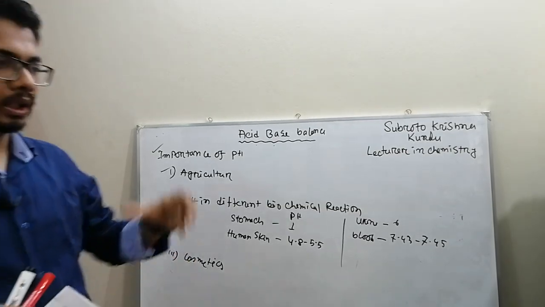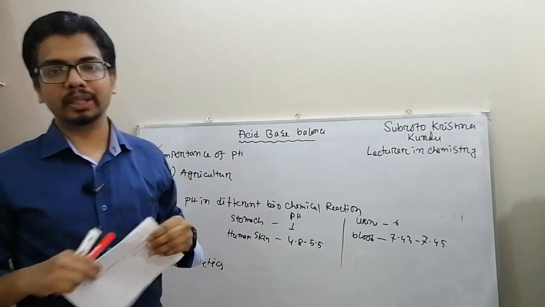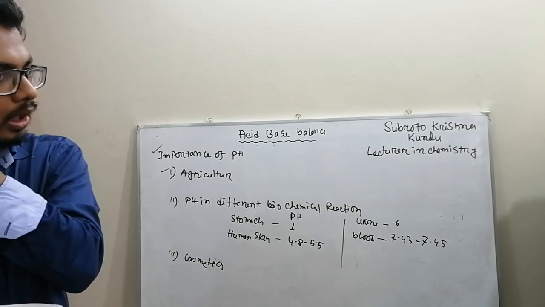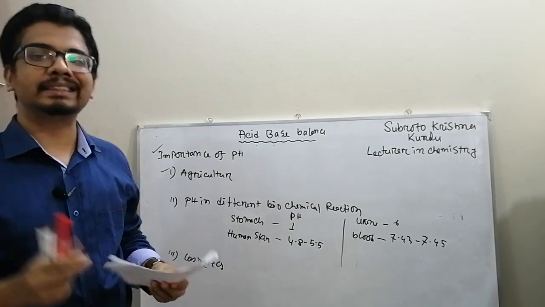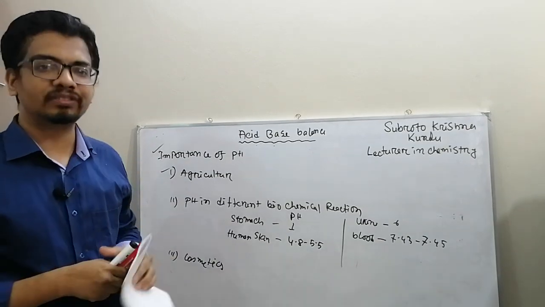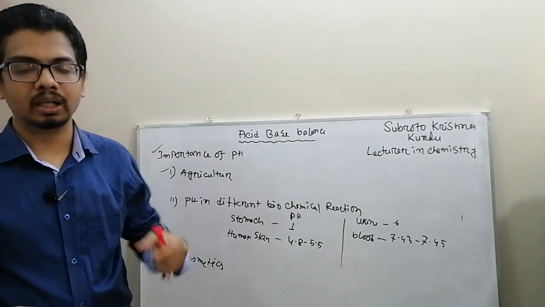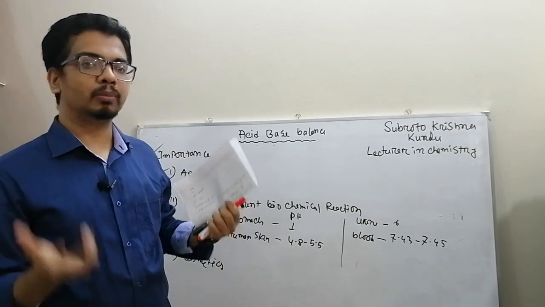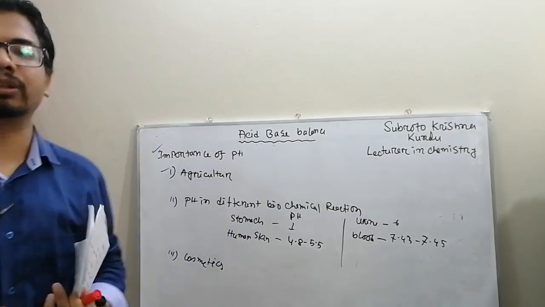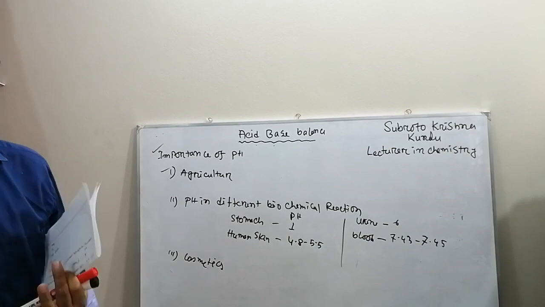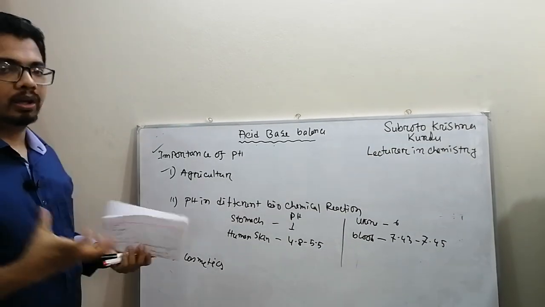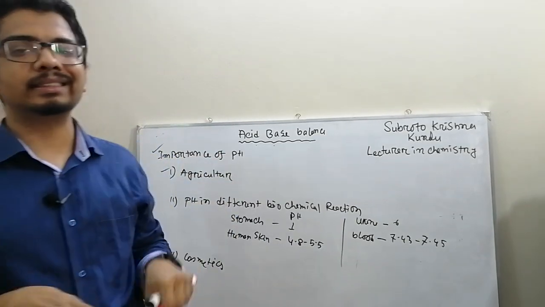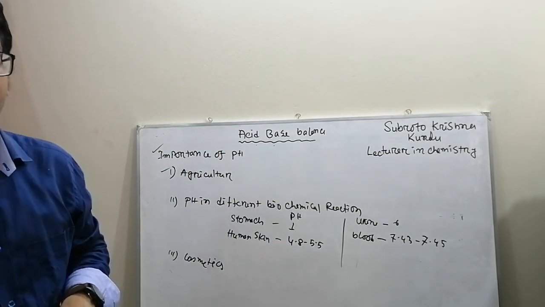That's why when we prepare the soil, we have to put some acidic fertilizer or some basic fertilizer to neutralize the soil. If the soil is more acidic or more basic, the plant cannot grow very properly. That's why we use some basic fertilizer or acidic fertilizer to neutralize that soil.